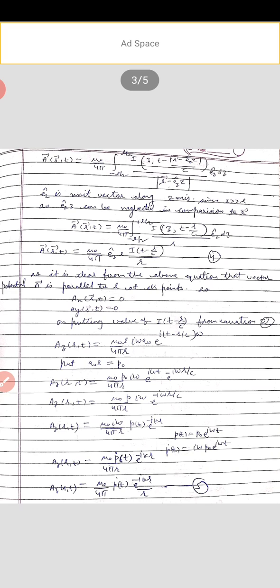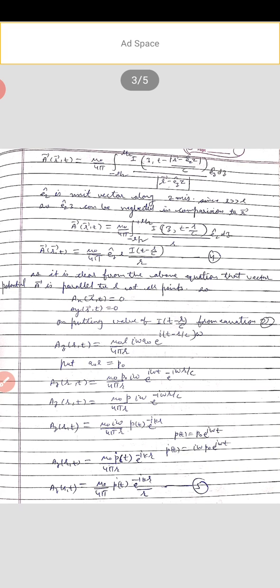And now since r is greater than L, e z cap z can be neglected in comparison to r.